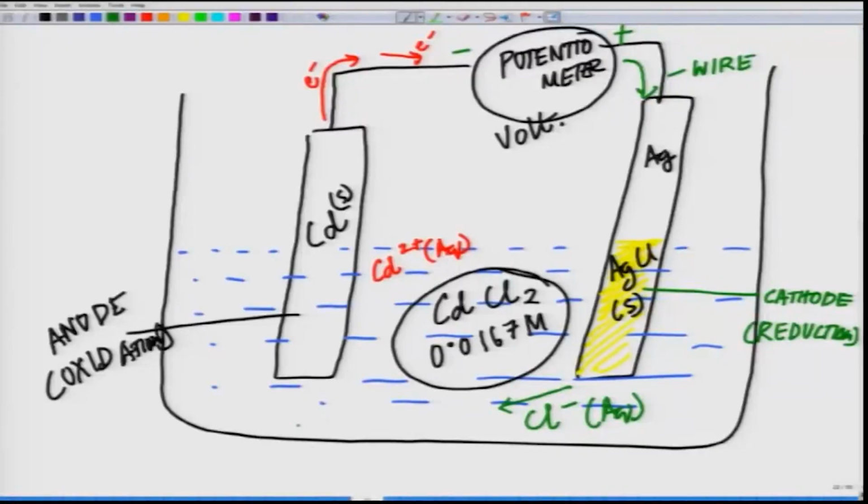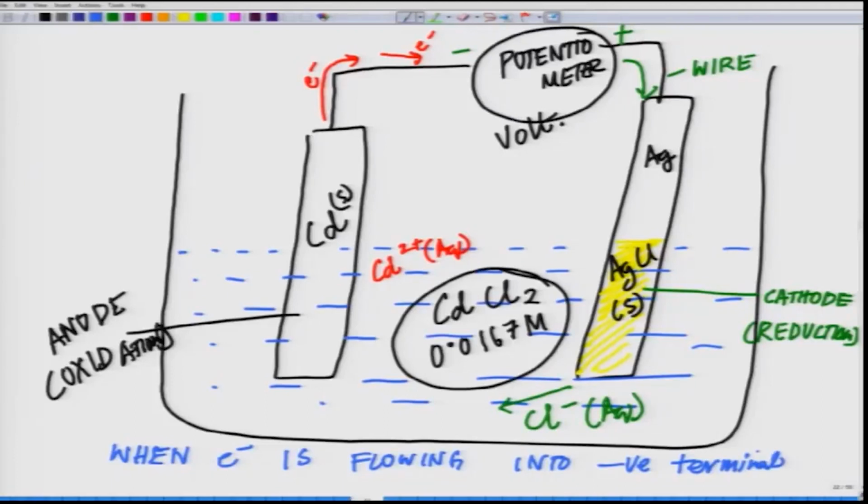Okay. And it has a positive and negative terminal, and when the electron flows into the negative terminal, as in this illustration, the voltage is positive. Okay. So keep that in mind. So there is a positive voltage.